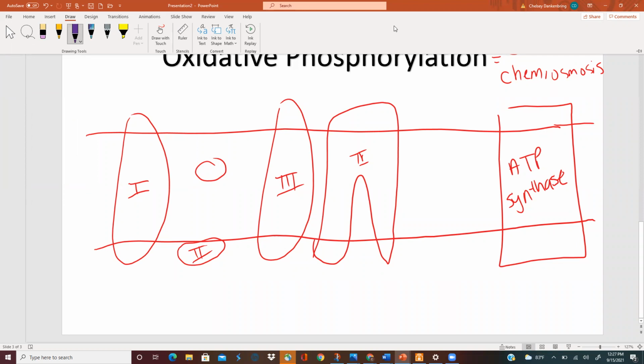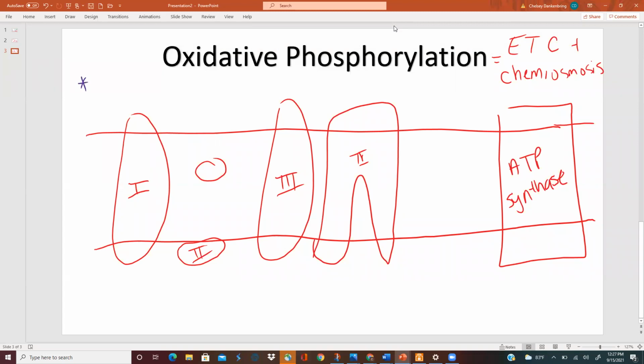And this is happening for eukaryotes in the cristae, the inner mitochondrial membrane, those cristae, or for prokaryotes, it's happening in the plasma membrane.